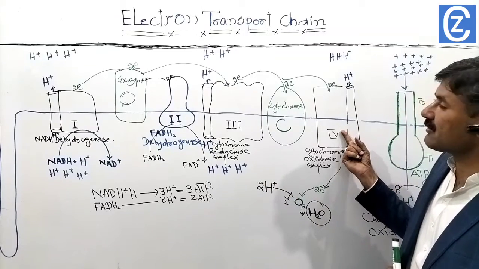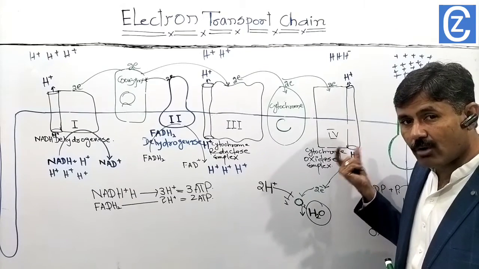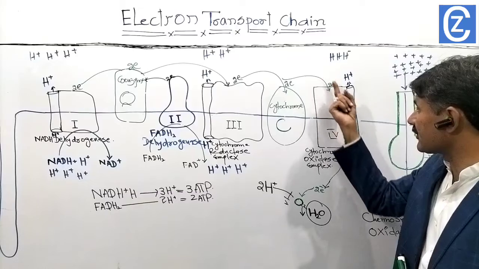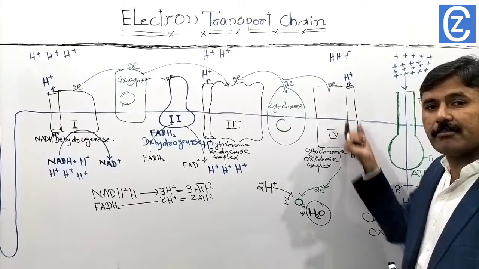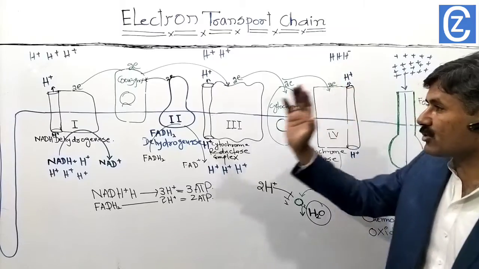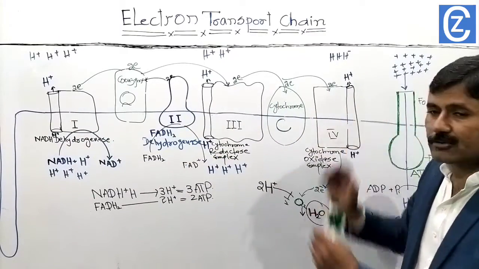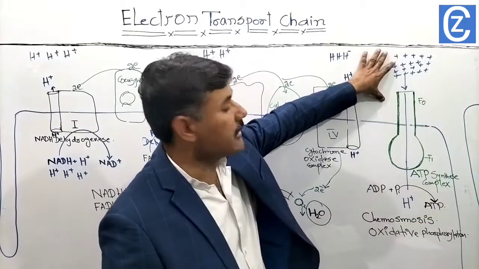But when it's receiving electrons, cytochrome oxidase complex not only receives electrons, but it pumps protons in the inner membrane space also.